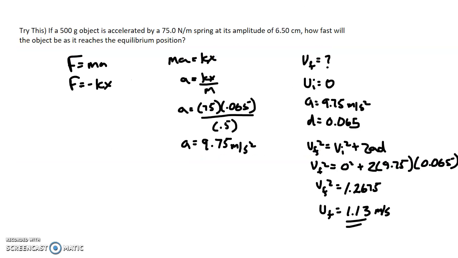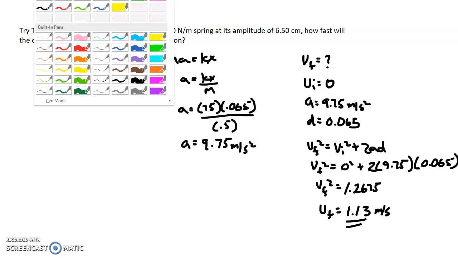So in this case, force is equal to mass times acceleration, or kx, again, Hooke's law. And so we are going to equate these two, and we find the acceleration to be 9.75 meters per second squared. Now, I forgot the negative there, so we should put in that negative.